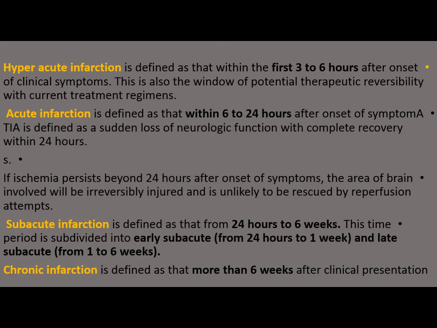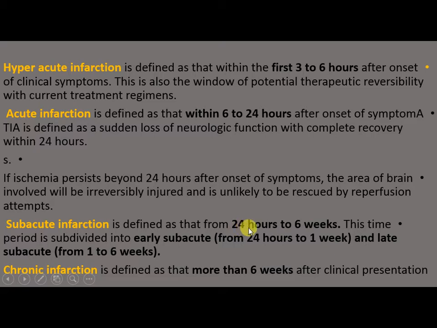This is not written in the Fundamentals, but what is acute, subacute, and chronic? This is in another book I brought here. Hyperacute infarction is defined as within the first 3 to 6 hours, while acute infarction is within 6 to 24 hours.